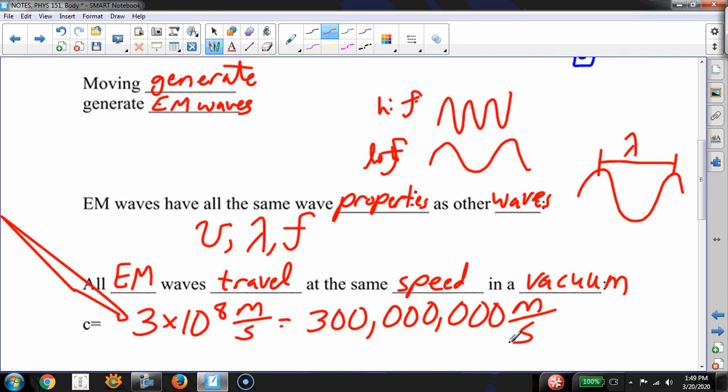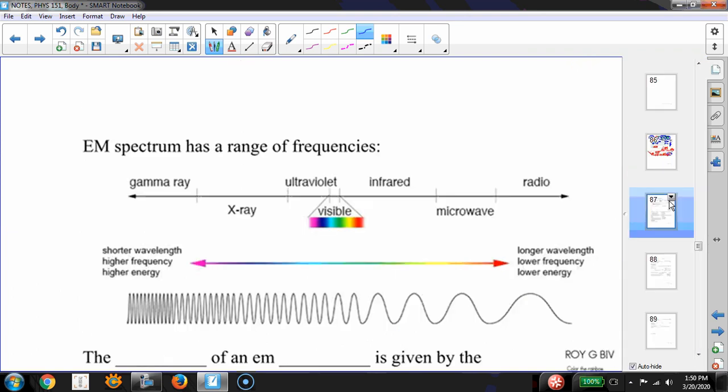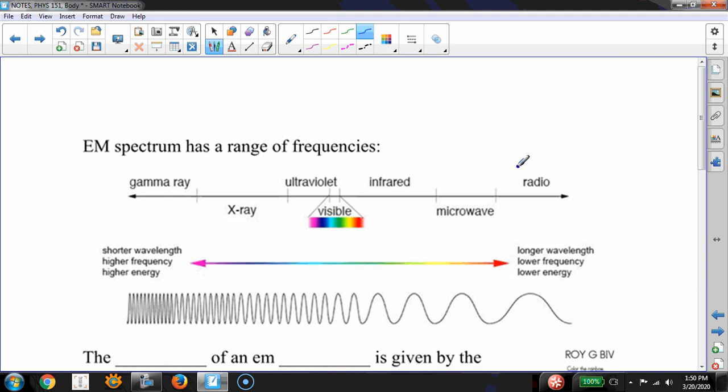That's one thing that's different about light from other waves: light can travel in a vacuum without a medium, and this really puzzled scientists for a long time. You can have these oscillating electric and magnetic fields in a vacuum, and that's not true for other mechanical waves.